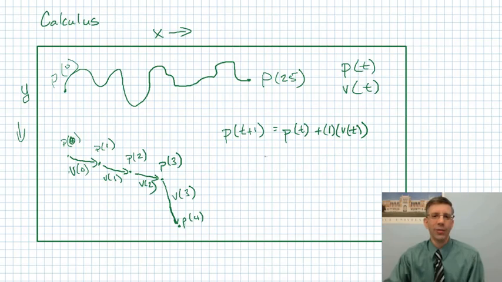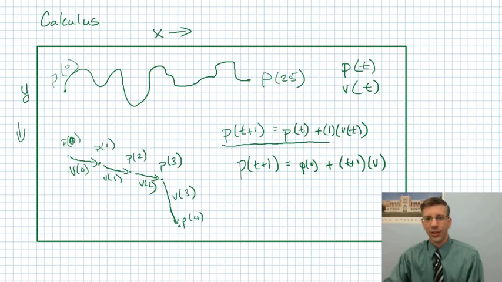We saw that we could do that before by calculating p of t plus 1 directly. It's the initial p of 0 plus t plus 1 times your velocity. Or we can do it incrementally like this, and this is what allows me to change the velocity at any time. And that's going to become important.